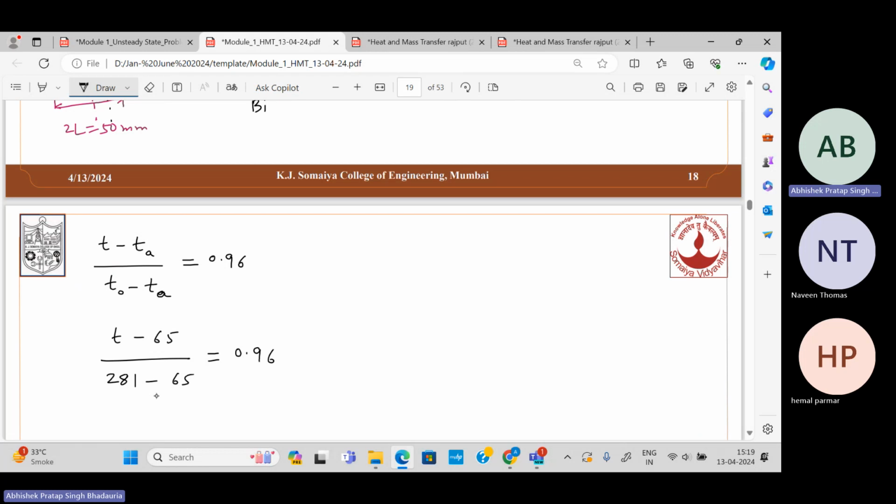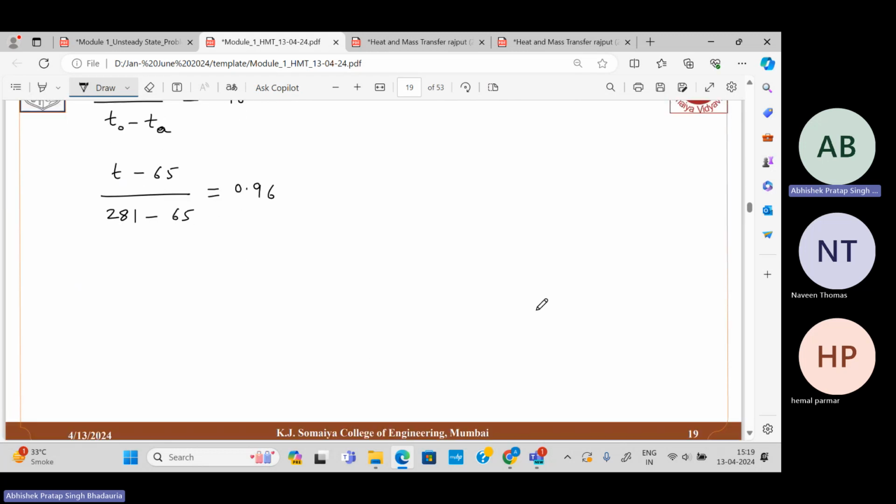Just solve this, and we will get one equation in terms of T. So we have one equation and one unknown. Just solve it, so we can find the value of T. The calculated value of T is 272.36 degrees Celsius. So this is the answer.